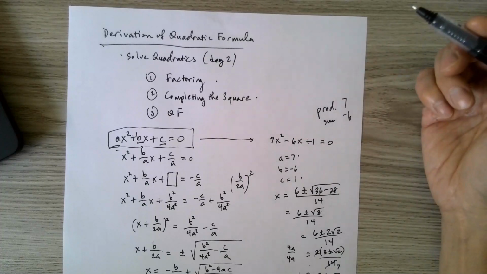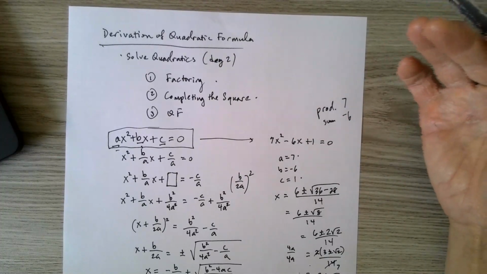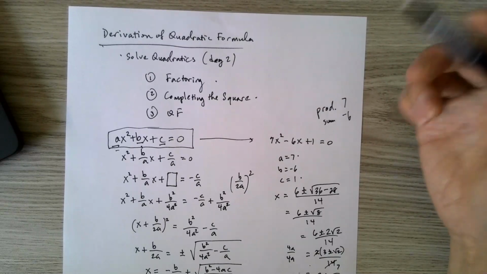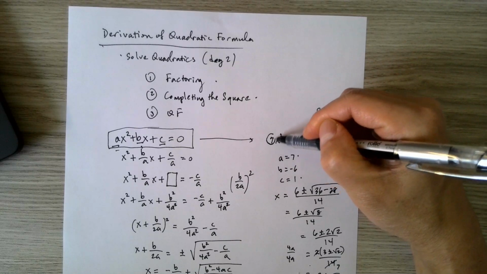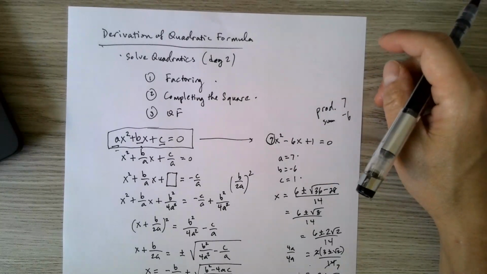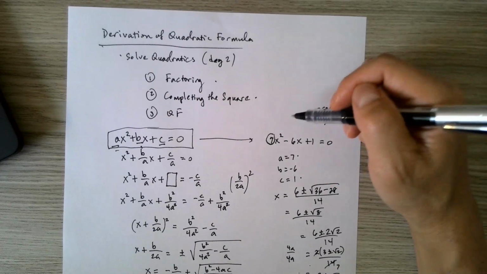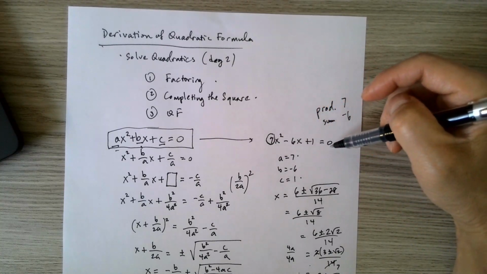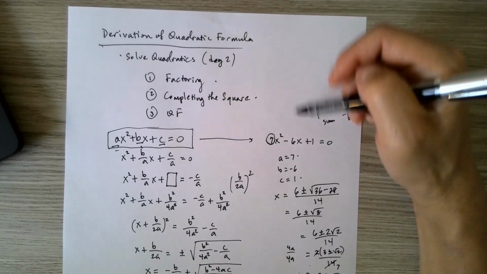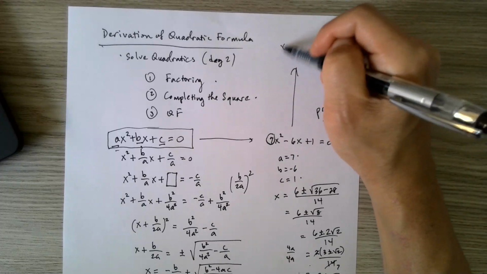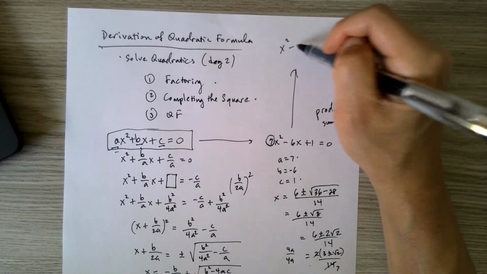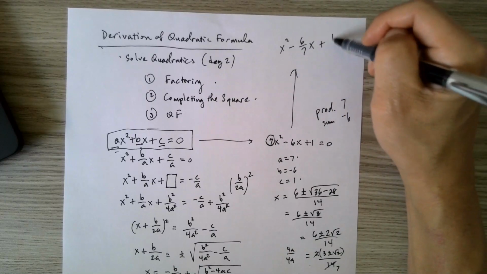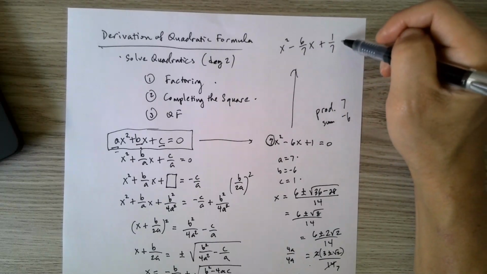How about completing the square? Yes, you could do completing the square, but in order to do completing the square, the coefficient of x squared must be 1. So if you want to do it that way, the first step here would be to divide everything by 7. And if I did that, I'll put it up here what I get. x squared minus 6/7 x plus 1/7 equals 0.